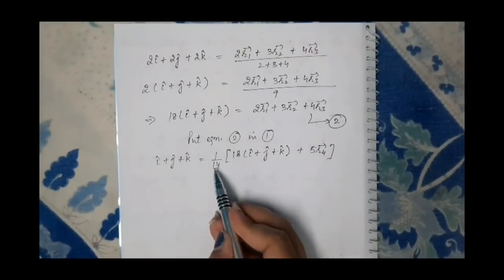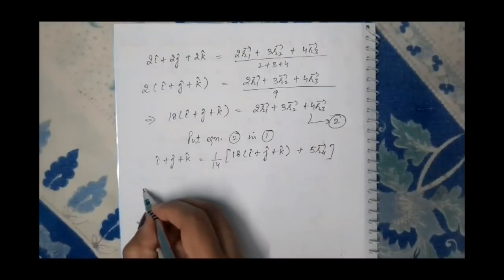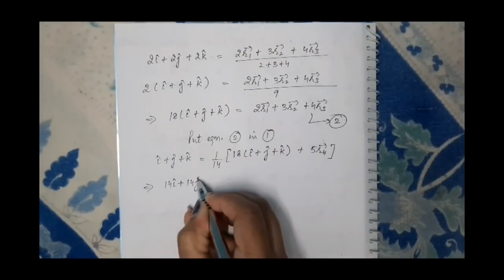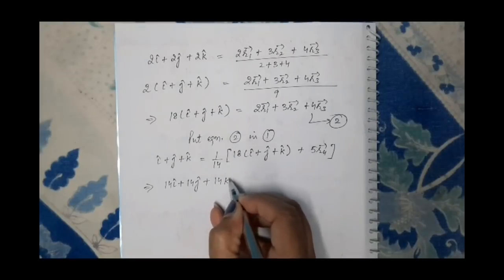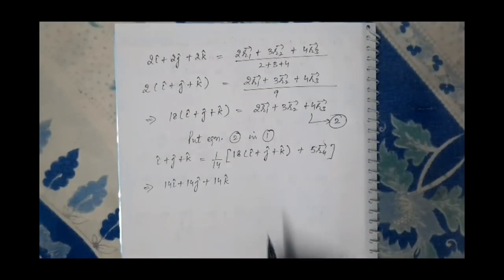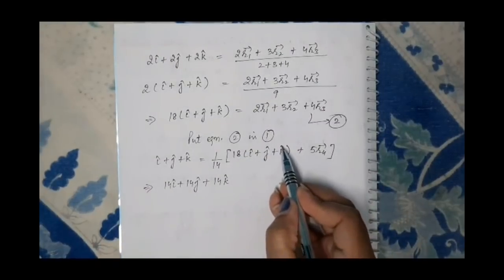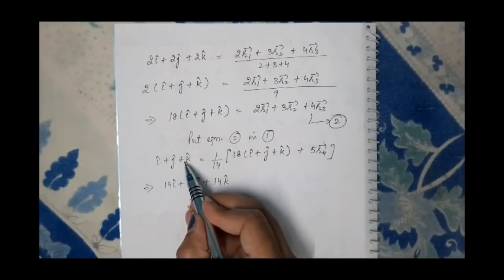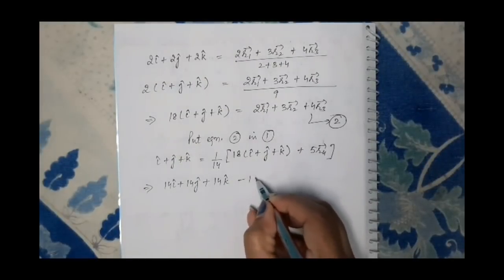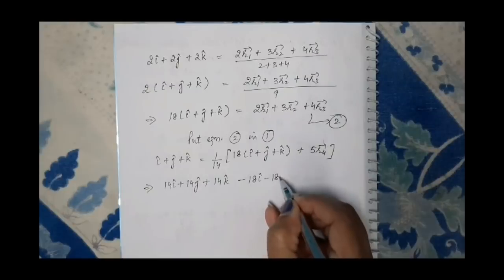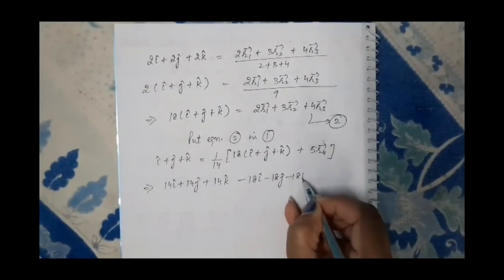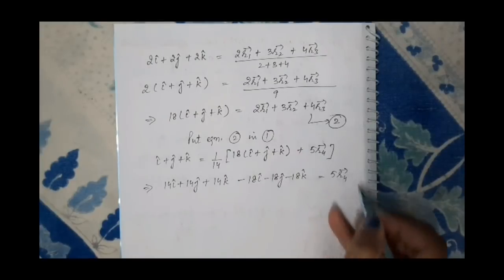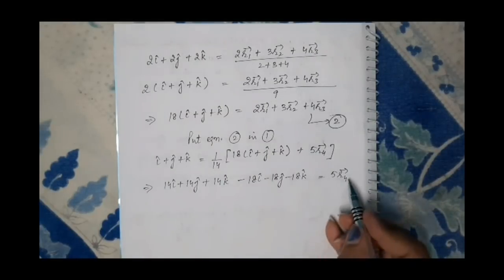Now move this 14 to this side and we have 14i cap plus 14j cap plus 14k cap, and this term is positive on this side. Move this term to this side, it will become negative, and we will have minus 18i cap minus 18j cap minus 18k cap, equal to 5r4, and we have to calculate this r4 vector.